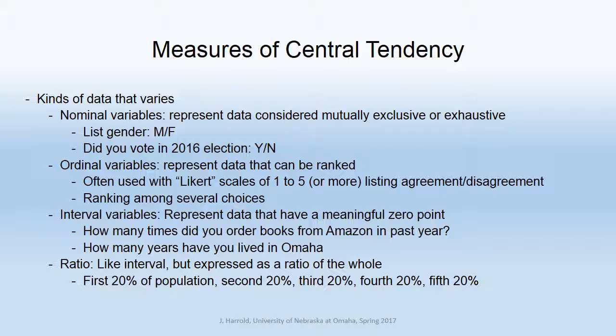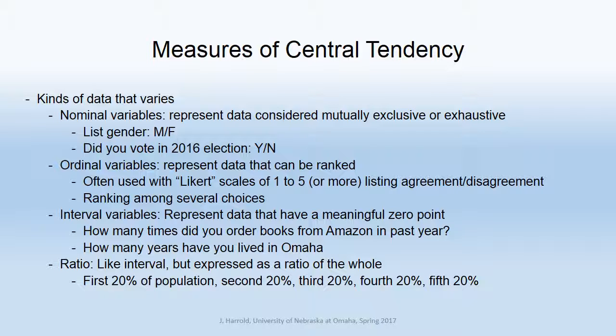or 1 year. And like interval data, ratio data is simply expressed as a ratio of the whole. Sometimes that's handy when you have continuous data, but you know it's going to fall into certain groups, like the lower 25%, the second 25%, third 25%, fourth 25%.